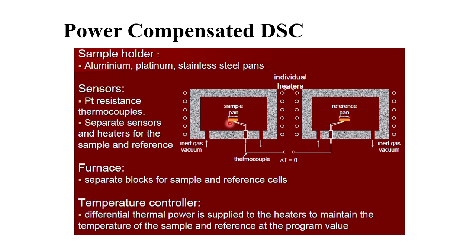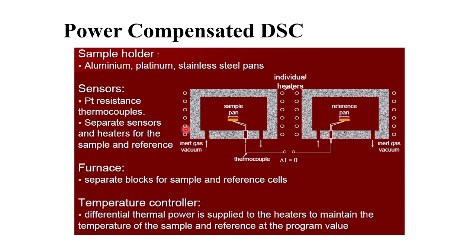Here this is the sample pan and it has an independent heat source. This rectangular shape is actually an independent heat source. This one is the reference pan and this is an independent heat source for the reference.